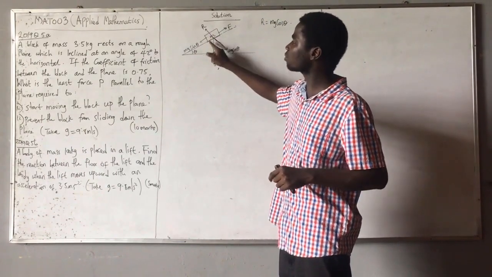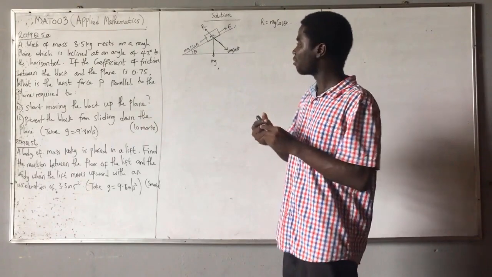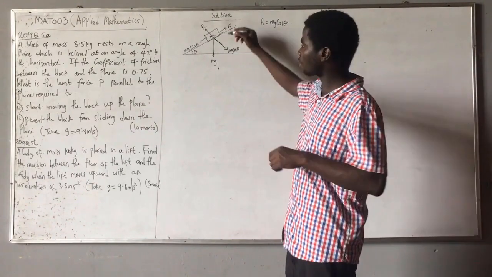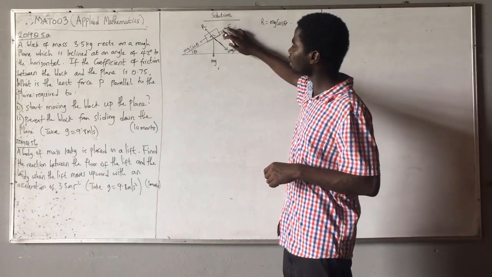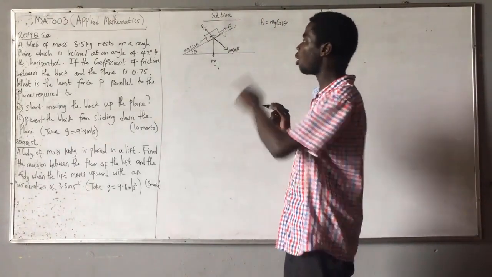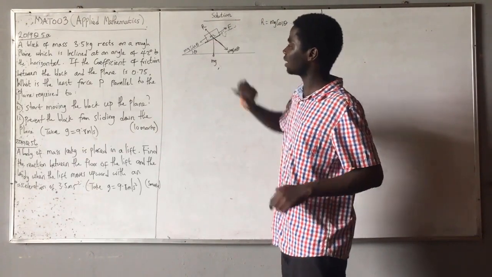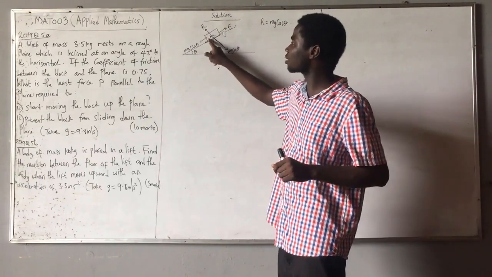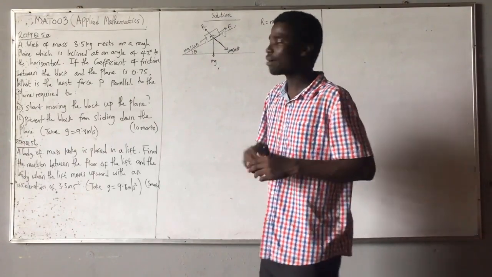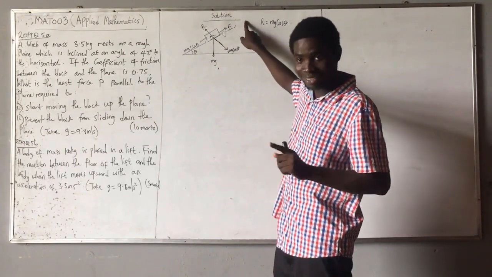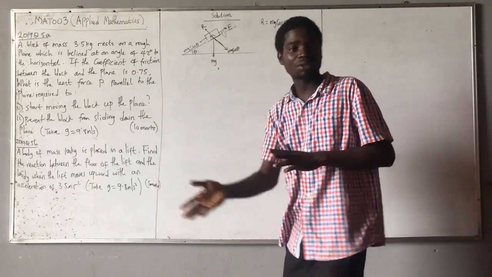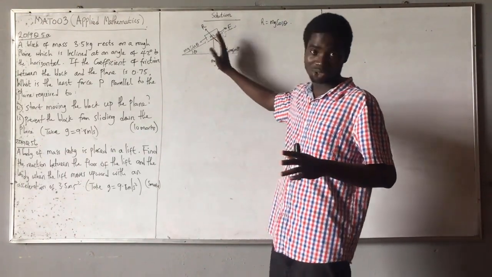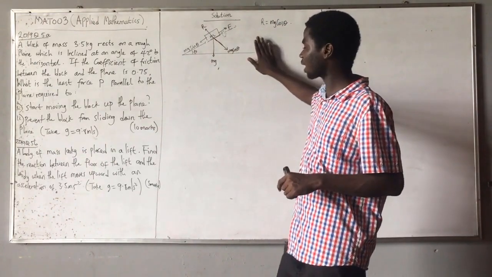If this object is moving down, frictional force will act in this direction. We call it Fk, frictional force. But if this object is moving up, frictional force will act in the opposite direction, downward. So it depends on where this object is moving to. Do you understand what I'm trying to say on an inclined plane?